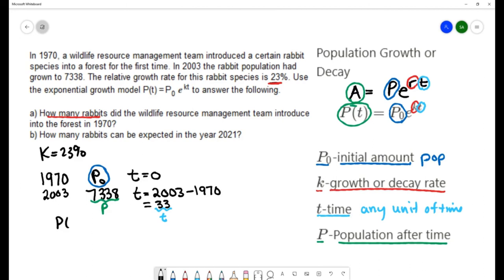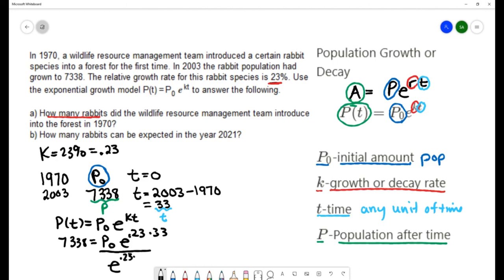We have P of t equals P naught e to the kt. This k we're going to use in its decimal form, 0.23. P of t is 7,338, which is equal to P naught e to the 0.23 times 33. I'll divide both sides by e to the 0.23 times 33.